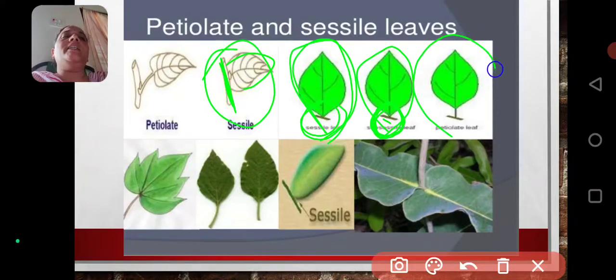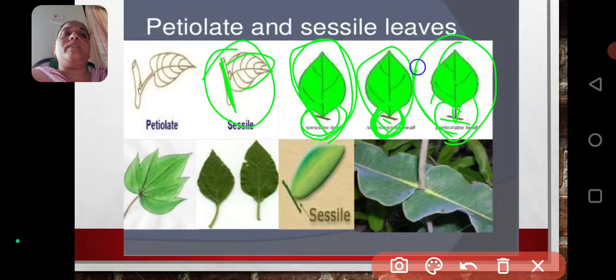And this is exactly a petiolate leaf. There is no doubt at all because there is a stalk in between the leaf and twig. So this is called petiolate leaf.